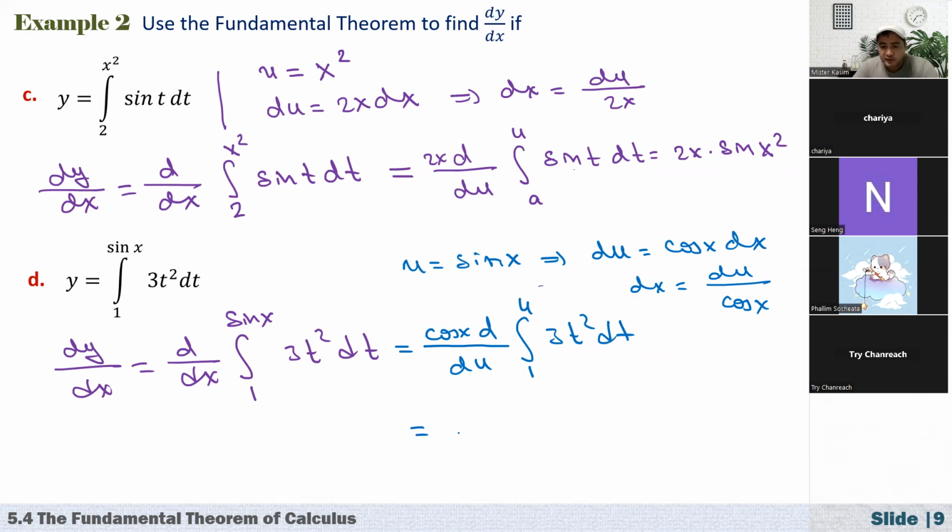So what do we have here now? Here we have cosine of x, and from 1 to u, actually it must be x again. So here we have 3u squared, that is 3 times u squared. What is u? u is equal to sine of x. So here we have sine squared of x.